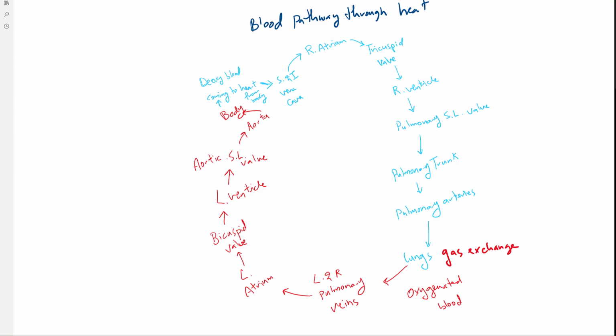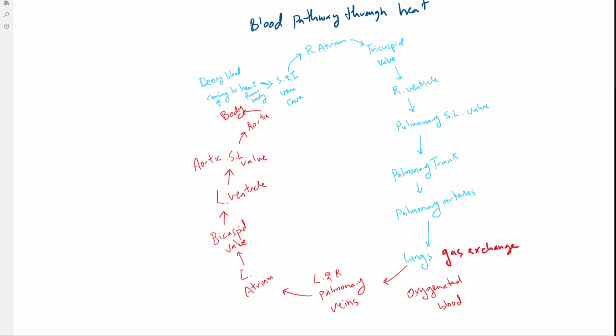And maybe the best way to test yourself is to try to walk it backward. What does it mean to walk it backward? Let's assume that you are in the left ventricle. You need to think, this blood is coming from where? It's coming from the bicuspid valve. And why is it in the bicuspid valve? Because it came from the left atrium.